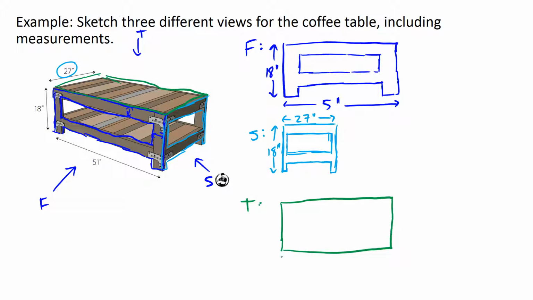So along the long side is 51 inches, and then along this side here is the 27 inches. And that looks pretty good. 27 is close to half of 51, and so does that 27-inch side look close to half of the long side? Yeah, I'd say so. And you know, it's not perfectly straight, but that's okay. These are sketches, and they just have to be close enough to get the general idea.